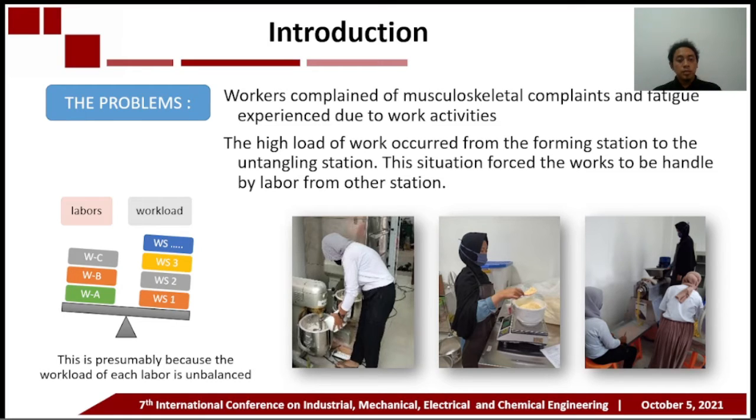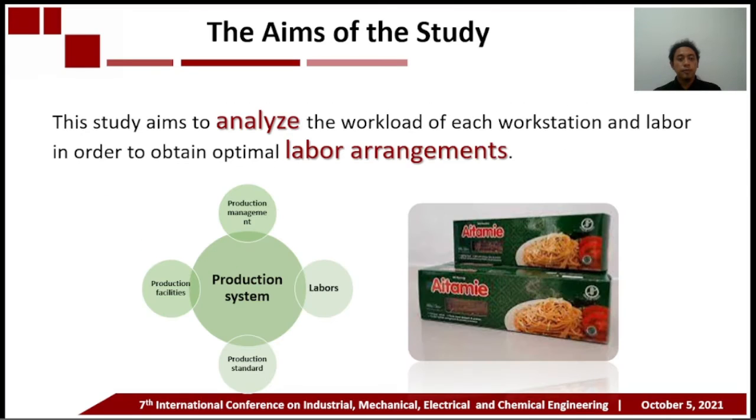This illustration shows workers A, B, C and the workload at workstations 1, 2, 3, and so on. This is presumably because the workload of each laborer is unbalanced. This study aims to analyze the workload of each workstation and laborer in order to obtain an optimal labor arrangement.